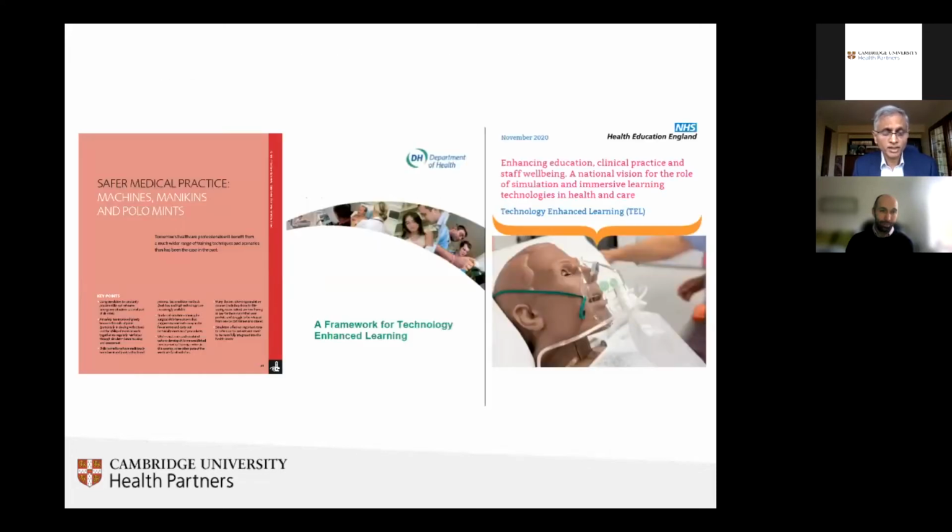And this has been recognised by various chief medical officers in their publications, Safe Medical Practice in 2008, up to the most recent one by Health Education England, which describes the use of immersive technologies and simulation-based technologies for clinical practice and enhancing education.